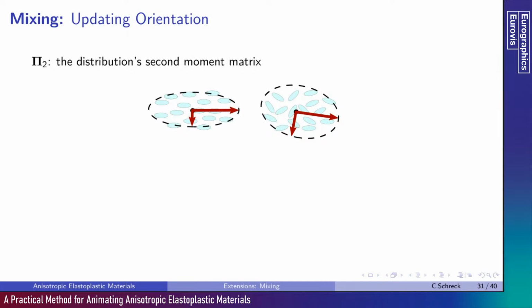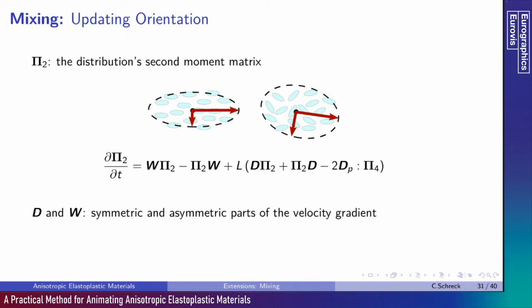The eigenvectors of π2 represent the main orientation of the grain. And then we update this matrix over time using this formula, where d and w are the symmetric and asymmetric part of the velocity gradient, and L is a coefficient describing the elongation of the grain.